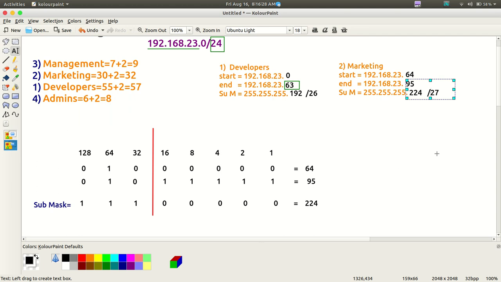Clear? So we are done with 2 calculations. I showed you how to calculate developers and how to calculate marketing. Right? Any questions over here? Did you understand this completely? Now the third department, again I need to calculate. My third department is going to be marketing department, no, management department. So third I am going to do calculation for management. Okay?